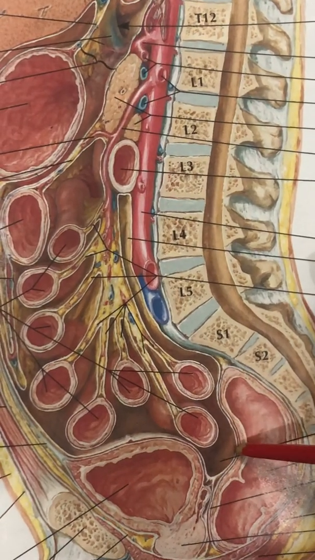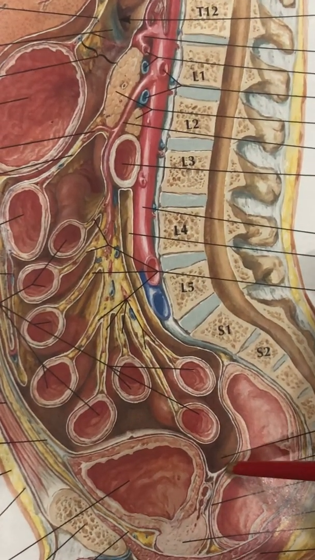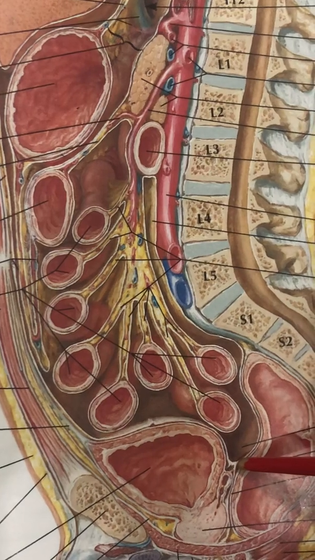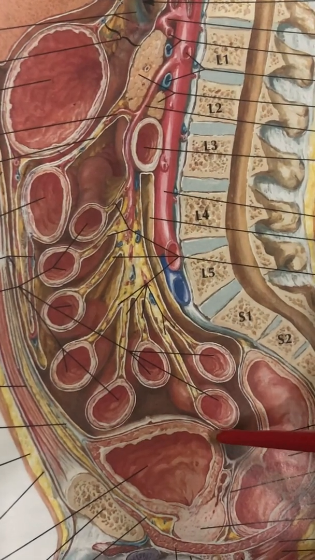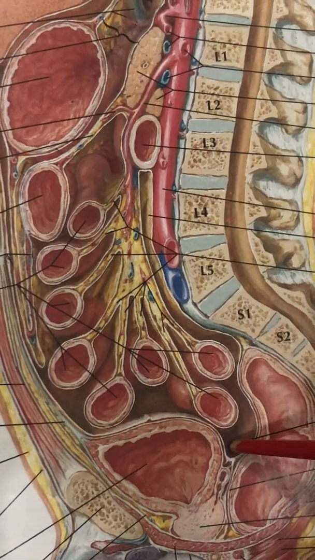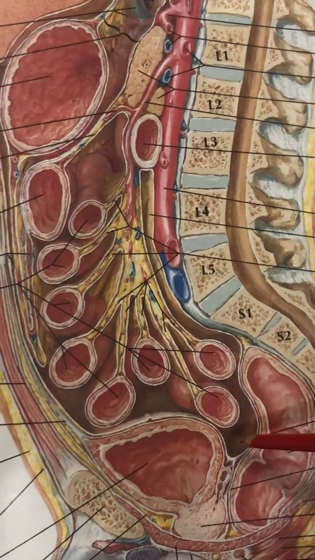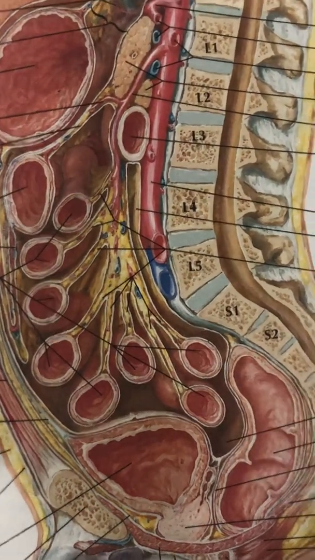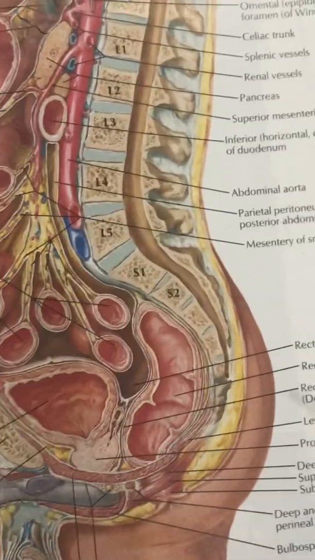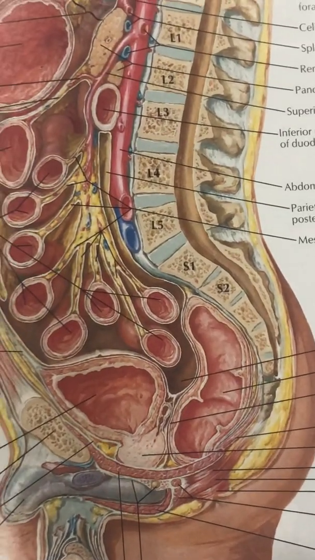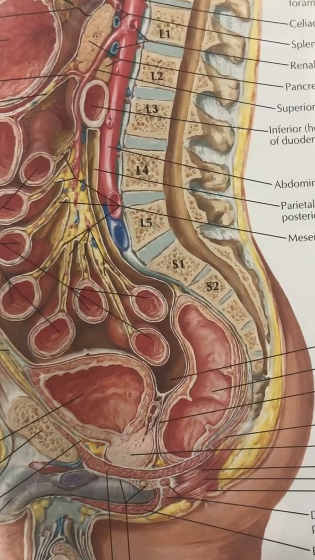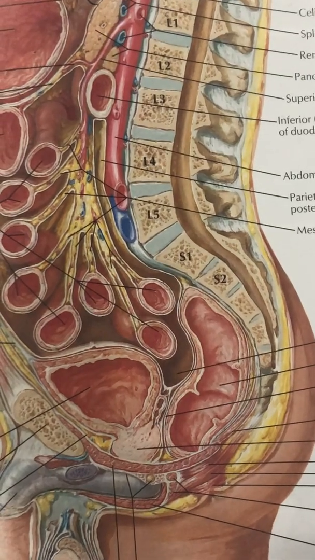When peritoneum reaches the second part of the rectum, then it is reflected onto the bladder. As a result, here a pouch is formed. This pouch is called the rectovesical pouch. In females, it is called the rectouterine pouch or pouch of Douglas.